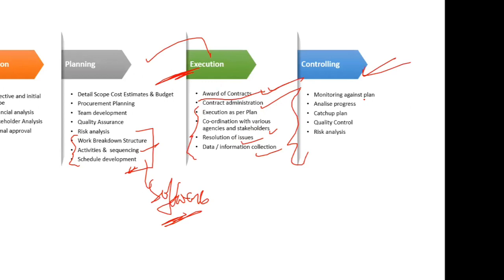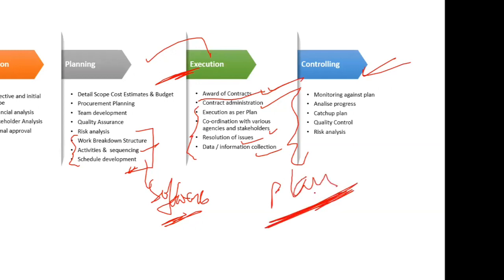Let's suppose you have planned to complete 50% of your project in the month of June, but unfortunately only 45% was completed. Why is this happening? How are you going to make this analysis? What is helping you out? Your plan.